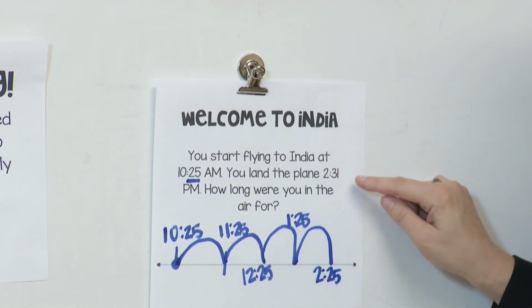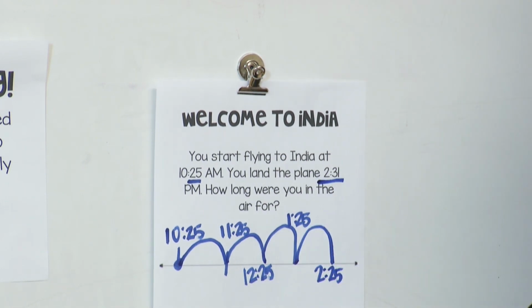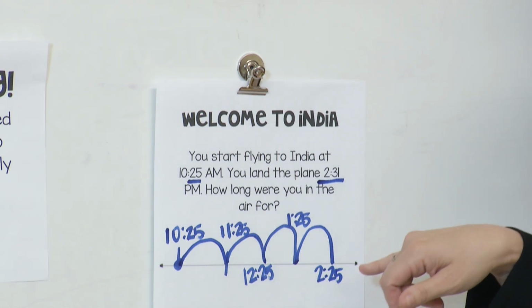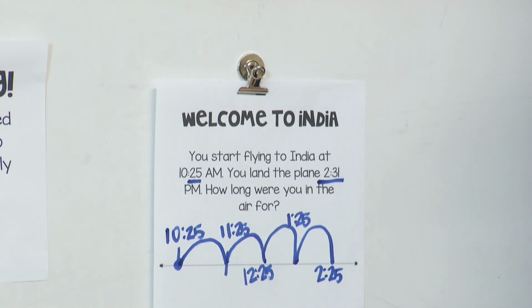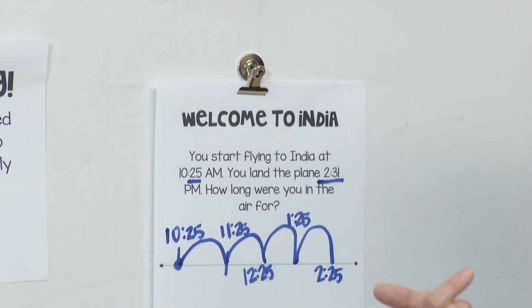Now, I'm in the correct hour because my time that I'm trying to go to is 2:31. So do I want to go a whole nother hour? No, that's going to put me too far into 3:25. So I'm at 2:25, and I'm going to go now from the 25 minutes and figure out the rest of the minutes. It's no more hours. The rest of the minutes that it takes to get to 31 from 25.